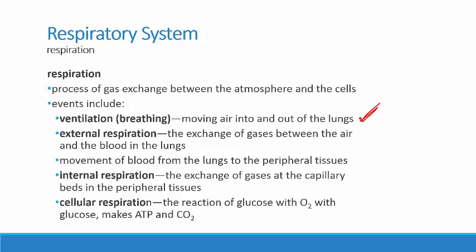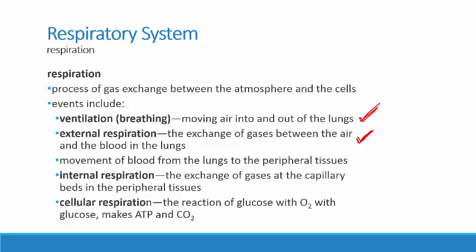Then the blood has to move from the lungs out to the peripheral tissues, to the muscles, to the glands, to the organs of the body. And once the blood makes it to those peripheral tissues and makes it to a capillary network, then we see what's referred to as internal respiration occurring.